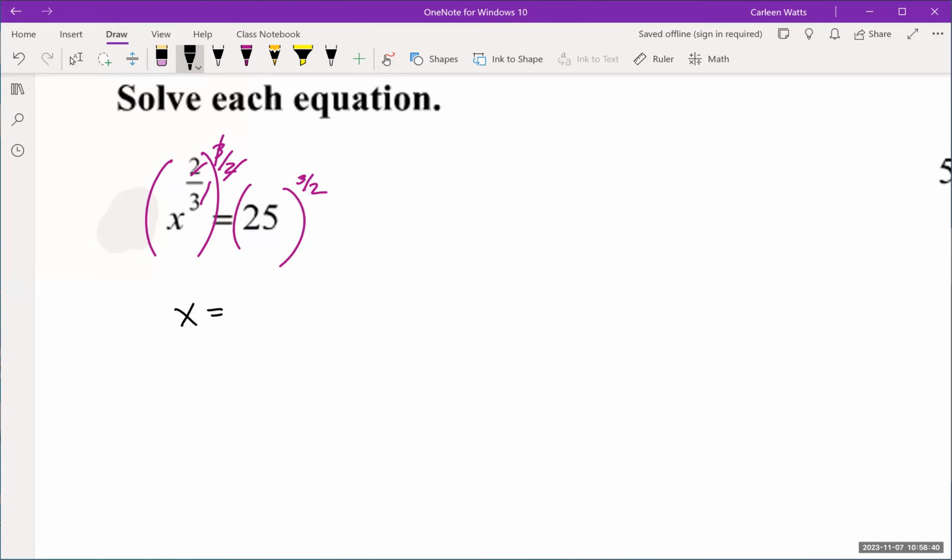Now, I could show you intuitively how to do this, and it's really cool. But you're not going to like it. So instead, we're going to take 25 with the calculator, exponent 3 halves. But I will kind of show you. 25 to the 3 halves. The bottom of the fraction is the root.